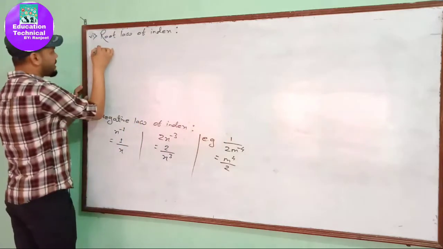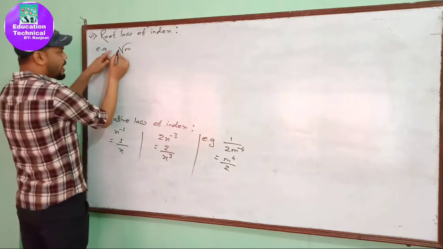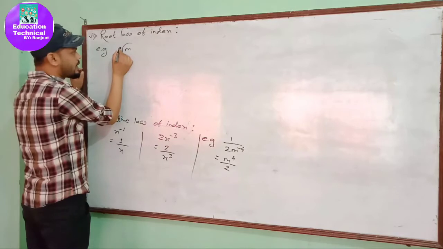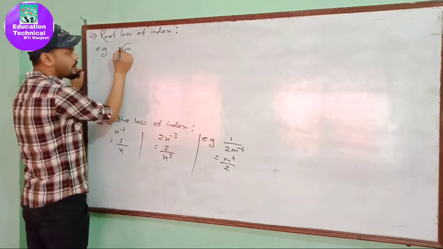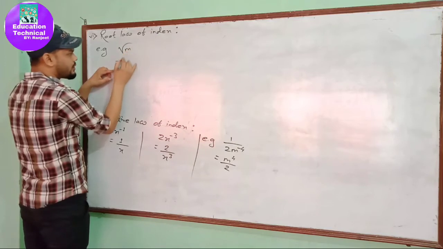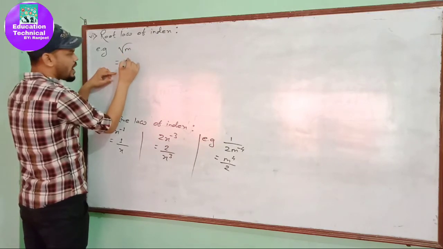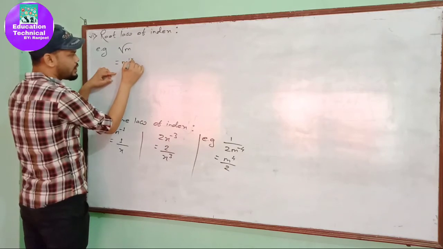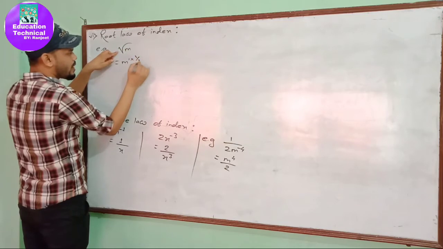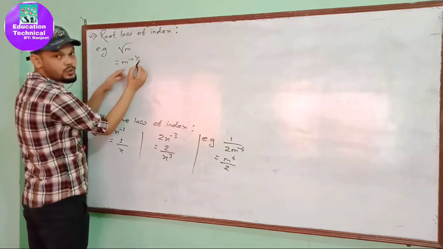Suppose this example, root m. This is the symbol for a square root, that means 2. To eliminate this root sign, we write this m. What is the power of this m? That is 1. So 1 into, and to eliminate this we take 1 by 2, because this is the square root. So write 1 by 2.